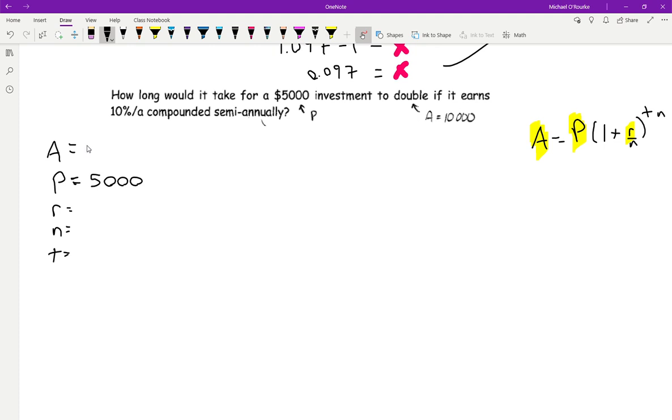Yeah, so let's double 5 is 10,000. Do we have an interest rate? So that is, what is the number? 0.1. Right? And what's our n? How many times is it compounded per year?